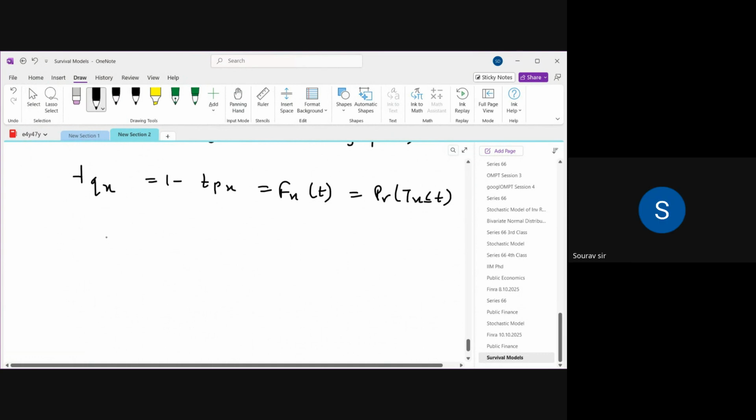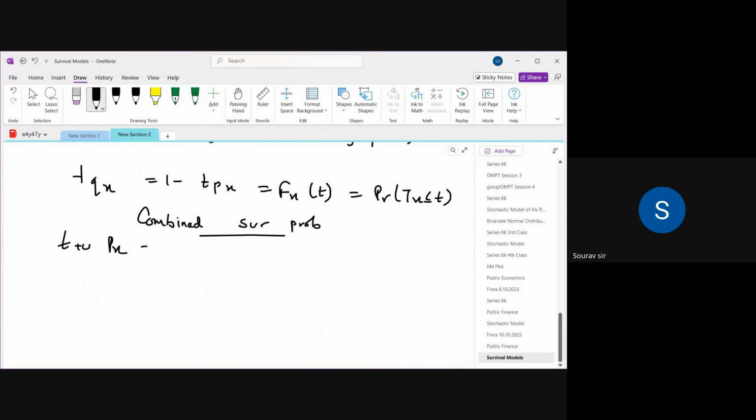Next, till this it is clear? Yes. Clear. Okay. So the relationship for combined survival probability: t plus u px is tpx times upx plus t.